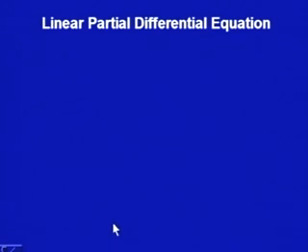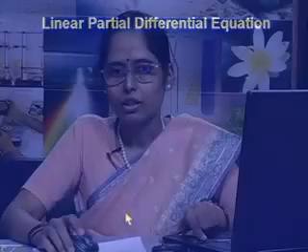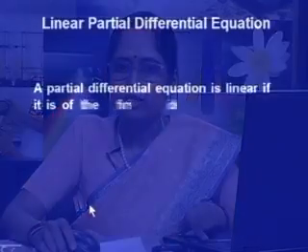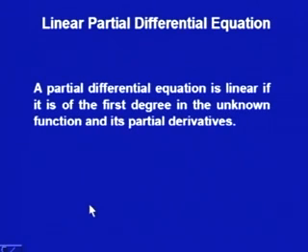Next, the term is linear partial differential equation. As in the case of ordinary differential equations, we say it is linear if the derivatives and the unknown function occur linearly. Similarly, here also we define linear partial differential equation. A partial differential equation is linear if it is of the first degree in the unknown function and its partial derivatives.